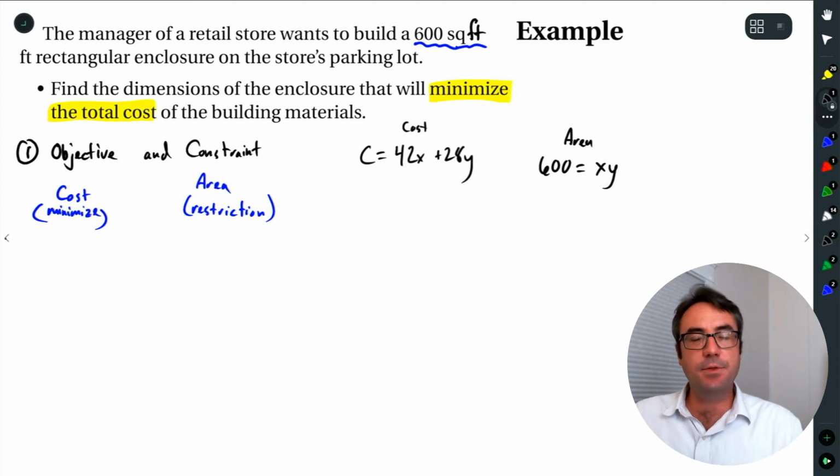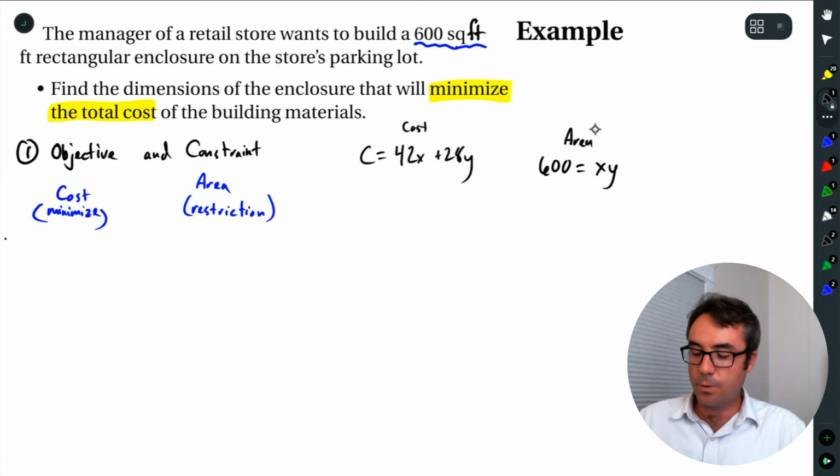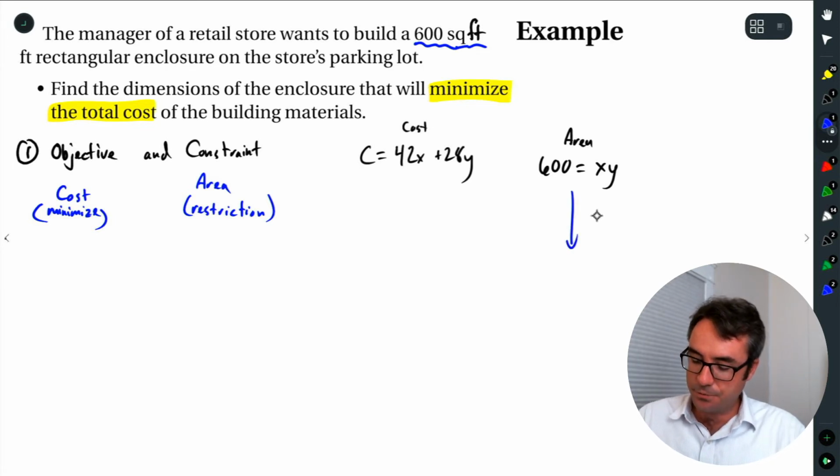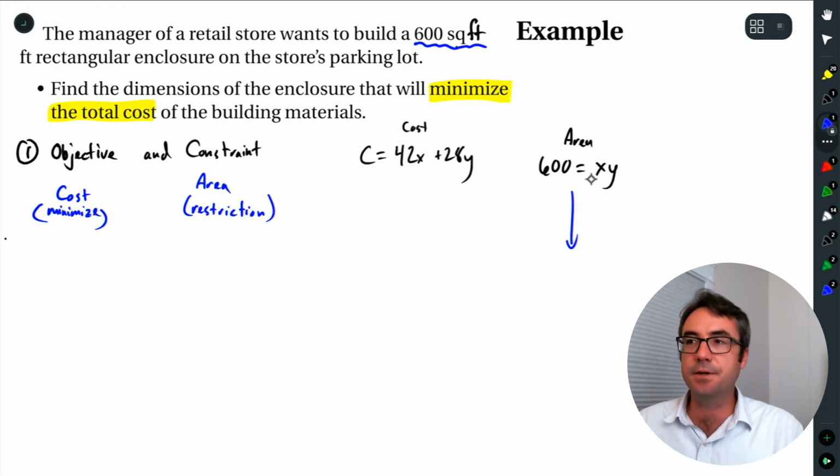And so once we have those two equations listed, we work with our constraint equation and we solve this for either x or y. Either one, take your pick. I'm just used to solving equations generally for y, so that's what I go to first, unless maybe the other one's easier.